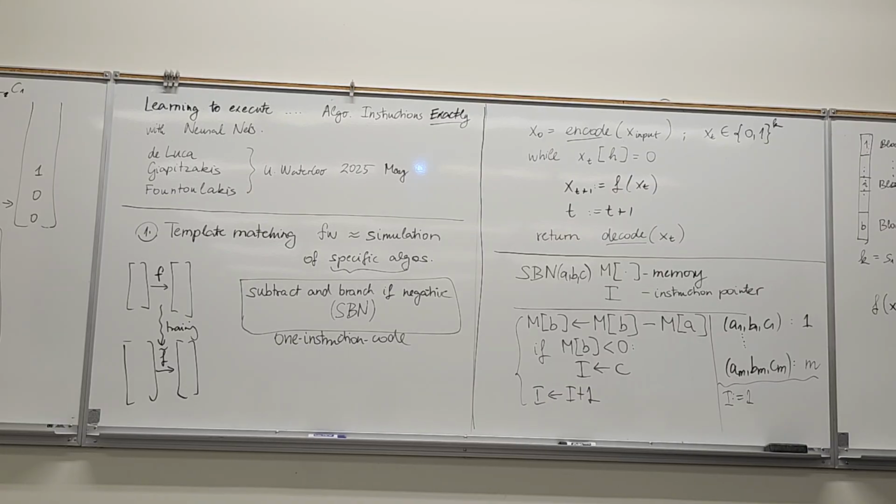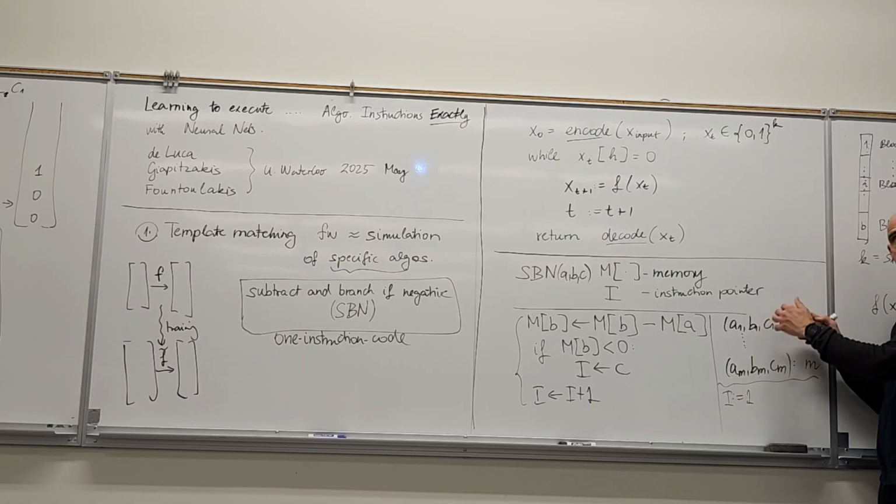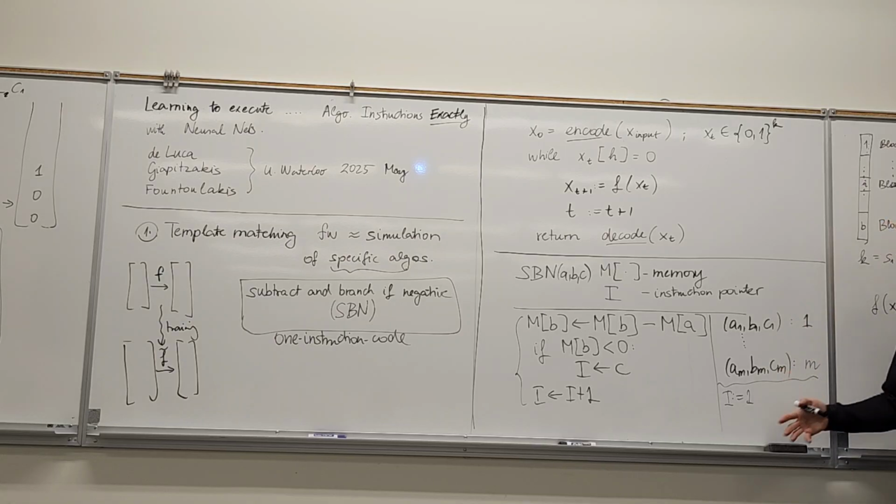Still a bit artificial because we have to do the heavy lifting of creating the training data. So first, I have to write my program with SBN. Then there will be the procedure that creates the training data to train my neural networks. Then I run SGD, then my neural network will implement the program.